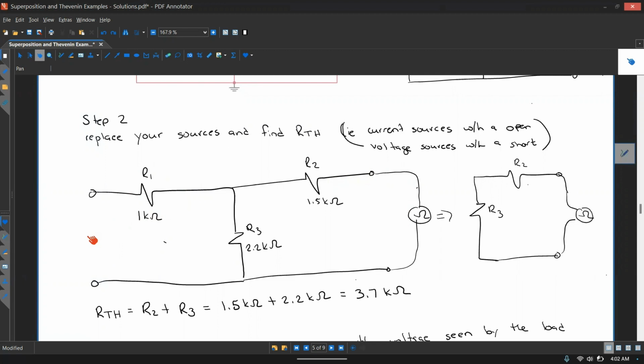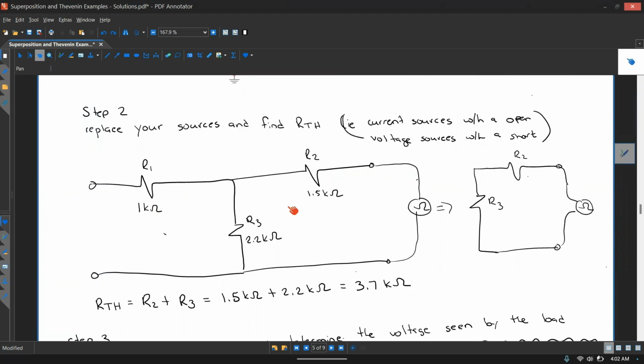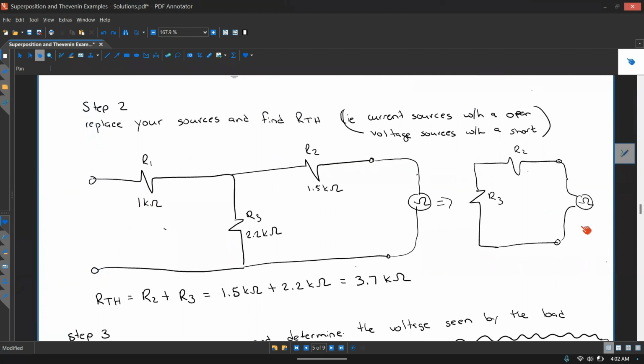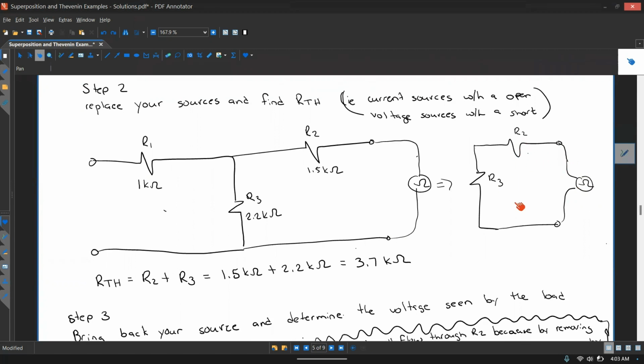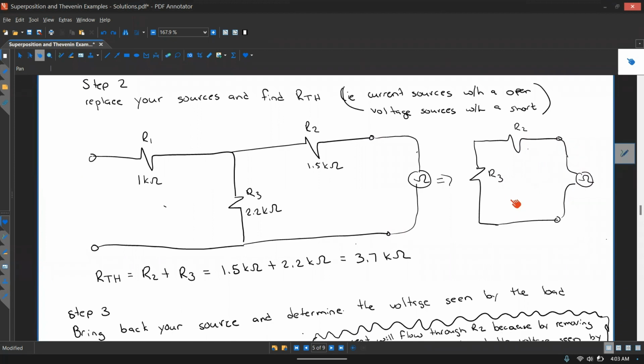So you can simplify the circuit to something like this. If you place your ohm meter across the open circuit where the load is going to be, you're only going to be measuring R2 and R3 in series. Therefore, R Thevenin equals R2 plus R3, which is 3.75 kilo ohms.